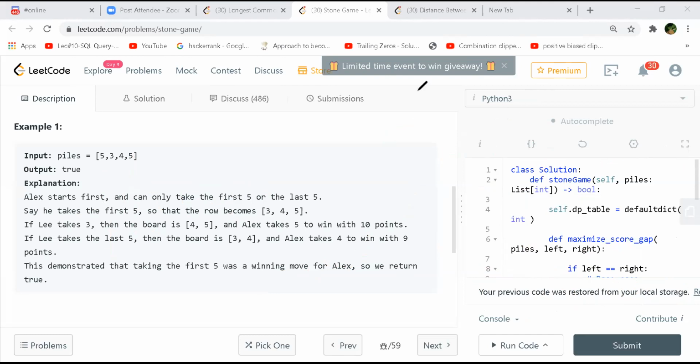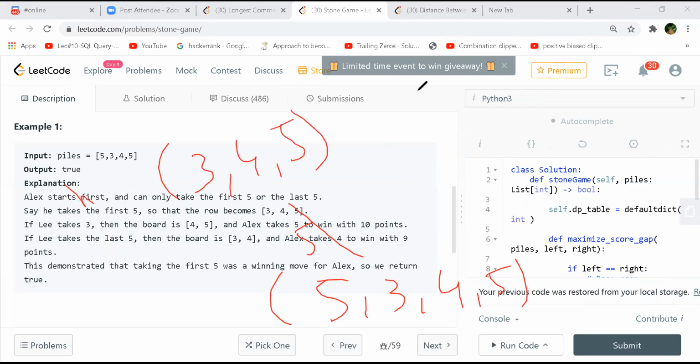I'm not saying that this is incorrect. For the scope of this LeetCode problem, both of them will work. You are saying if he takes 5, then this much is left for the opponent. So from here he will take the minimum, because that is the point he will get. Maximum is taken from here.